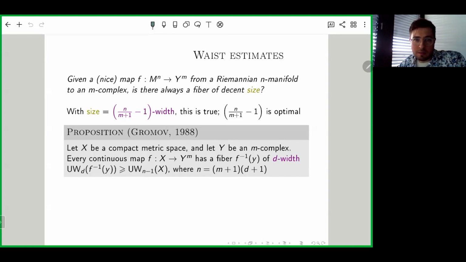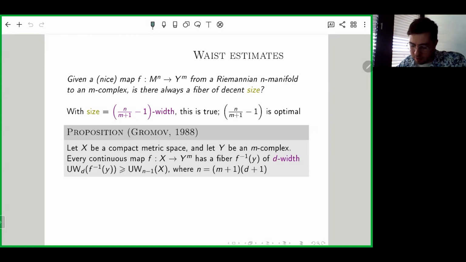Yeah, here maybe there are too many parameters, but basically it says that if you have a space of dimension which approximately behaves like a product of two numbers m and d, and you map the space to something m-dimensional, then there is a fiber of large d width, something like this.